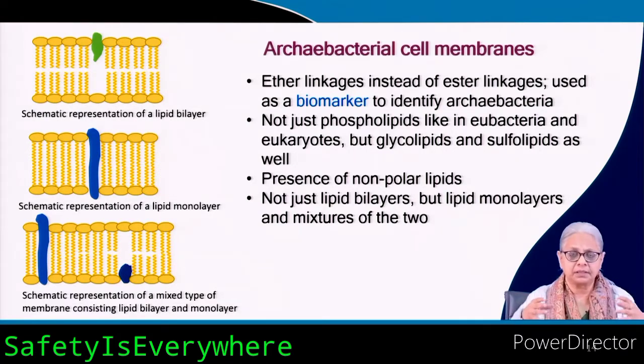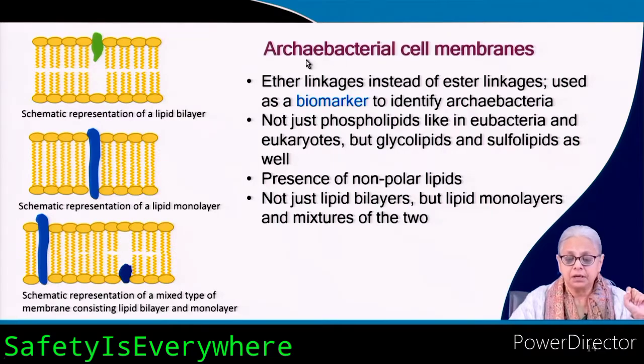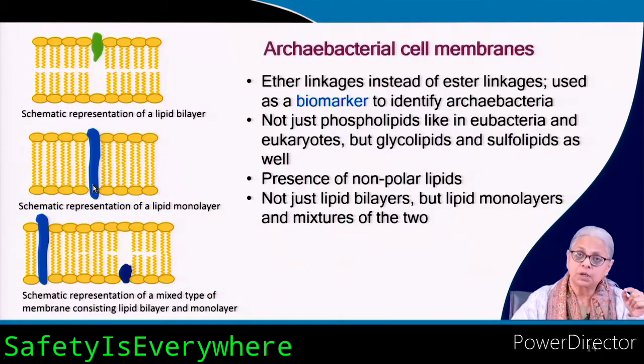The modern bacteria, or what is just called bacteria, have a bilayer, and the bilayer is formed out of phospholipids only. And the archaeobacterial cell membrane may be formed out of a bilayer of lipids. This is one possibility. But they also have something very interesting: they have lipid monolayers.